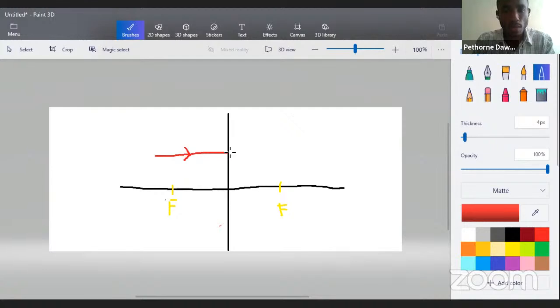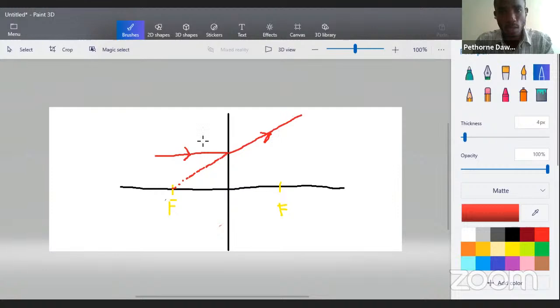Now what happens is that the ray would follow a path. Let me just make sure you see this is a broken line and this is a solid line.